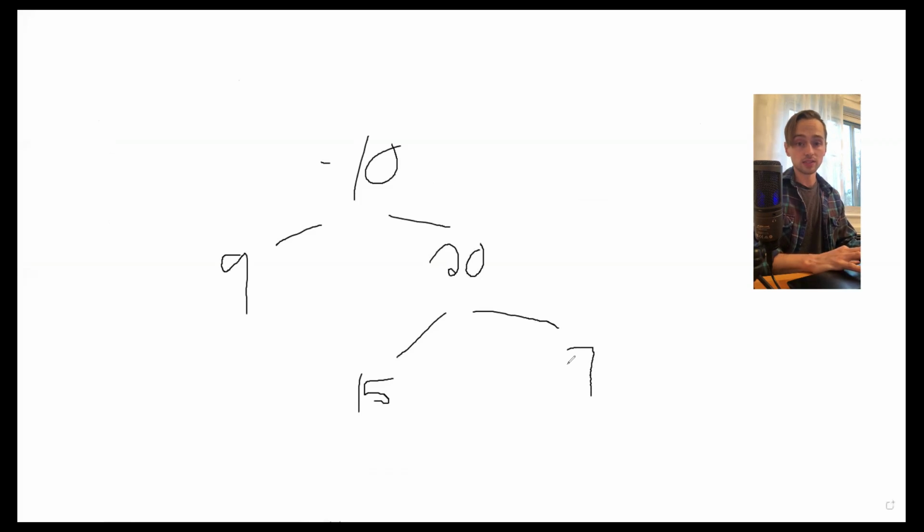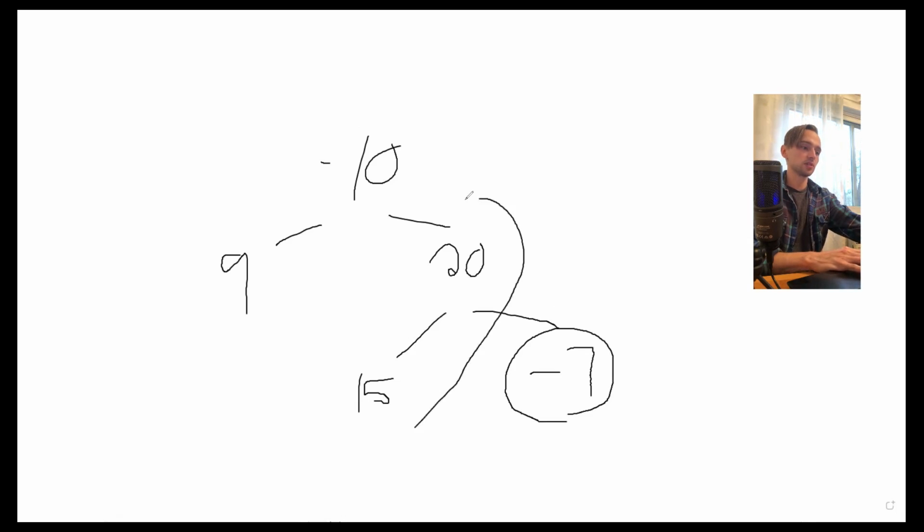Now, in our case, let's say, can we have 20 and 15 be our maximum path? See, because this one's negative now. So the maximum path doesn't include -7, because 20 plus 15 is 35, then plus -7 would be 28. We want the maximum path, we don't want the second maximum path. So in this case, it would actually be 20 and 15.